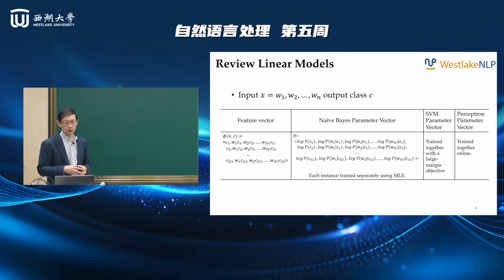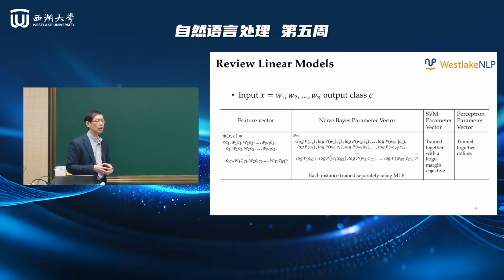On the left is the feature vector, which contains all the possible feature instances. And on the right are the parameter vectors of the 3 models. You will see that for naive Bayes, every model parameter is already predefined. Corresponding to C is log P(C).